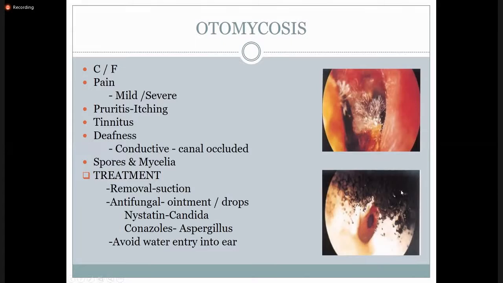In Aspergillus niger, the white foamy background and the black spores are visible. Aspergillus niger is the most common type of fungus in the external canal. What is the treatment? We try to remove this fungal ball by suctioning. Antifungal drops or ointments are instilled inside the external auditory canal.